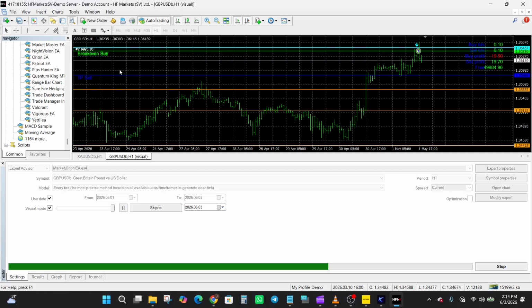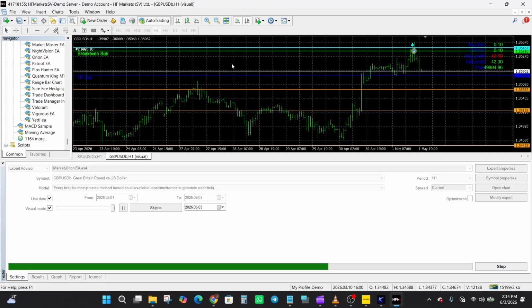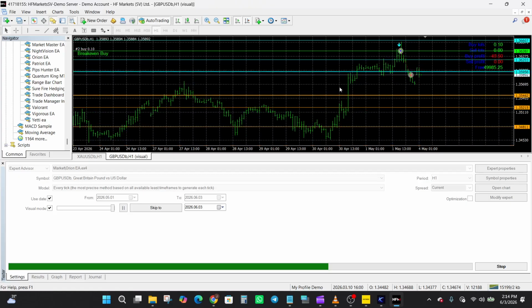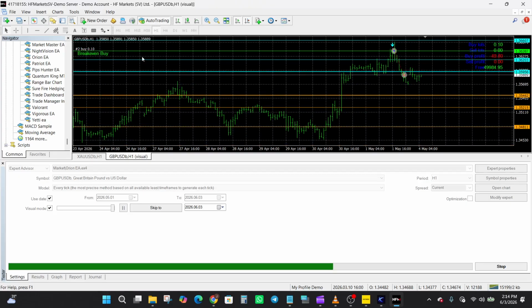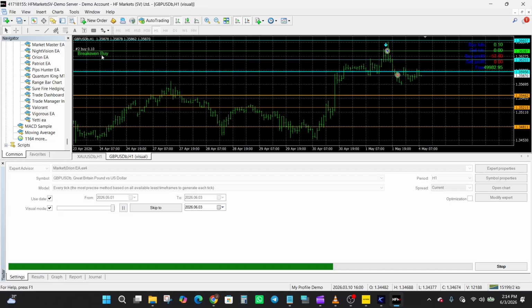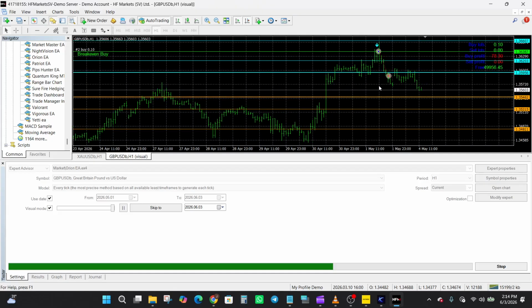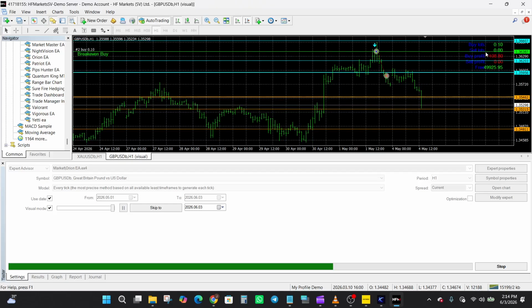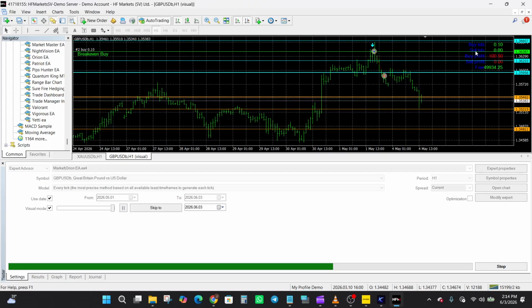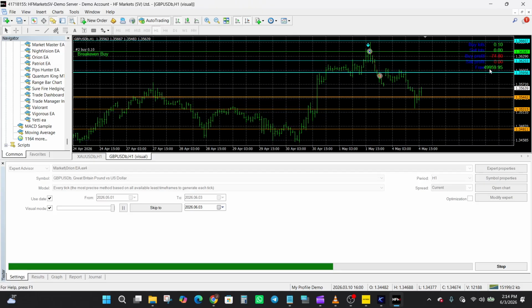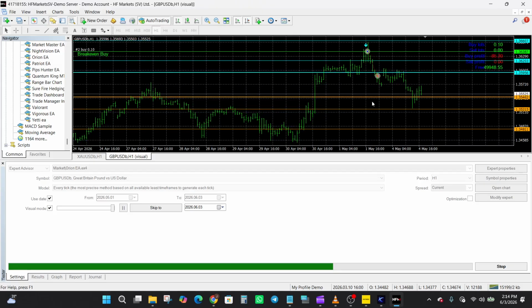We can see here the EA had already begun to execute trades and set a take profit. You can see how this information is being updated: break even, take profit, and all of that. You can also see the buy loss, the sell loss, buy lots and sell lots, the buy profit, sell profit, and then this should be the free margin.